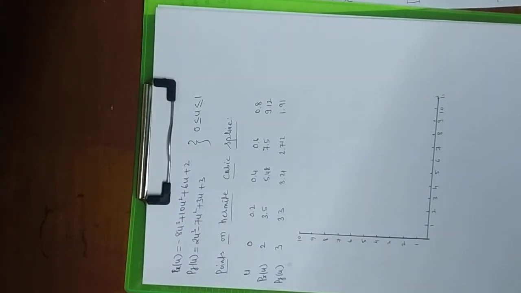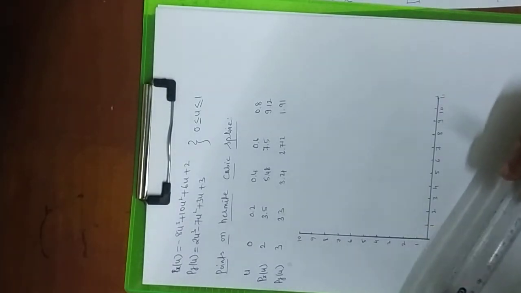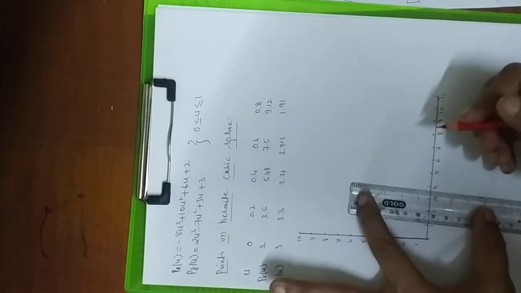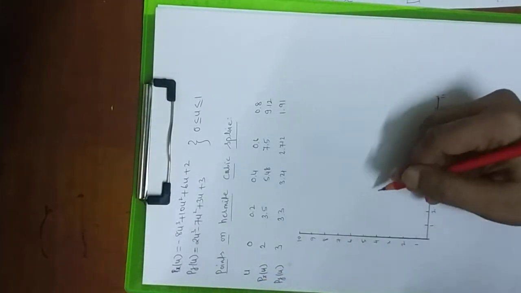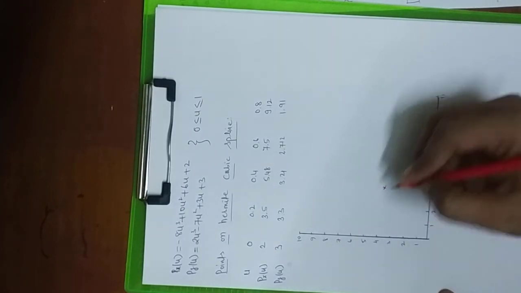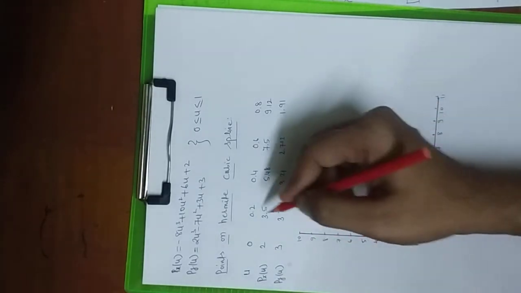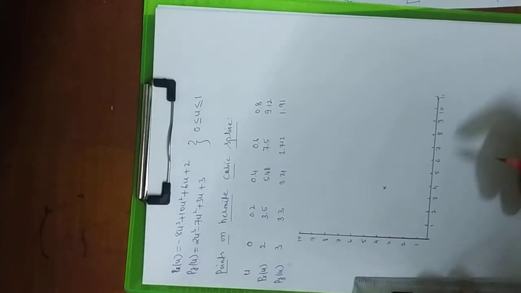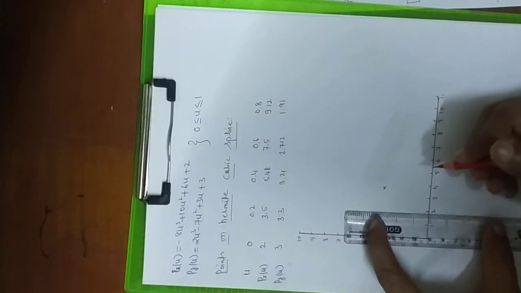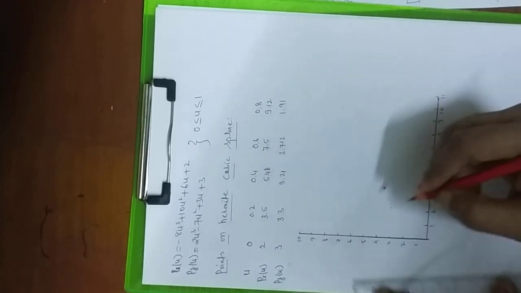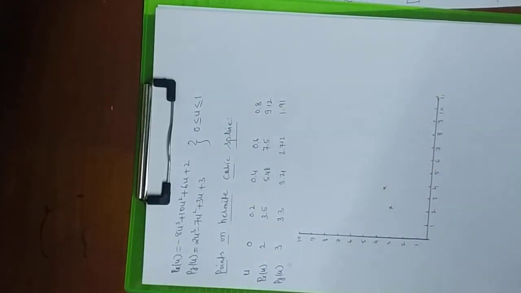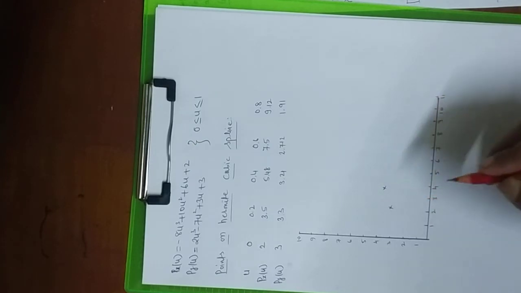3.5 is in the half of this. The first point will be 2, 3, sorry, 2, 3 will be here. Okay, the second point I already located on the graph.